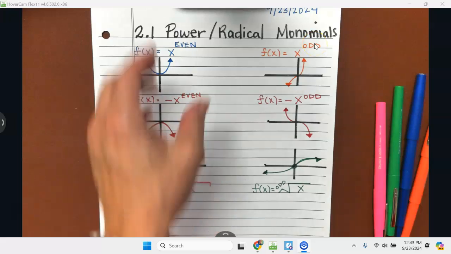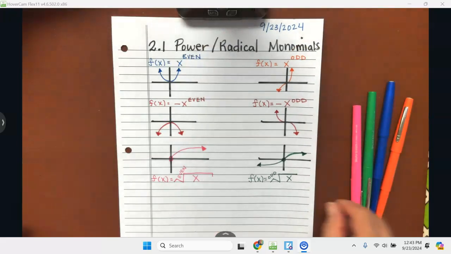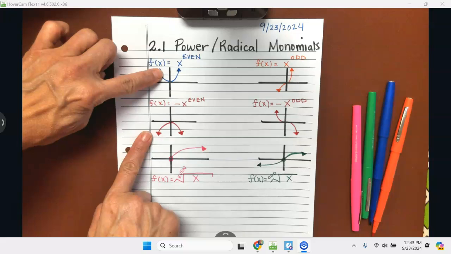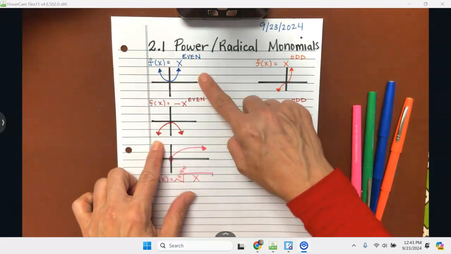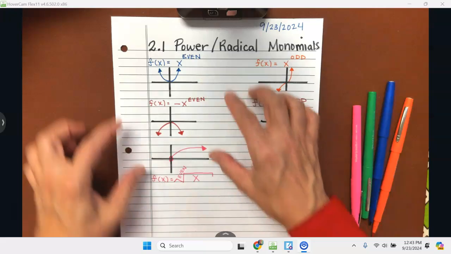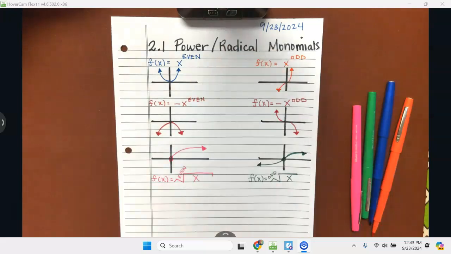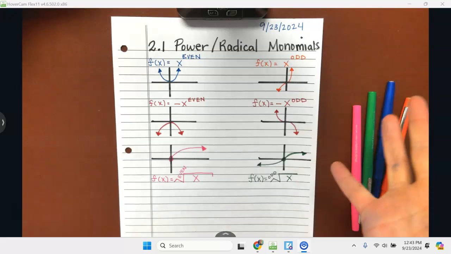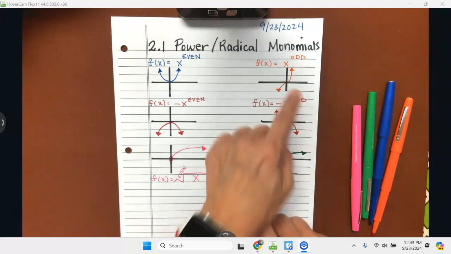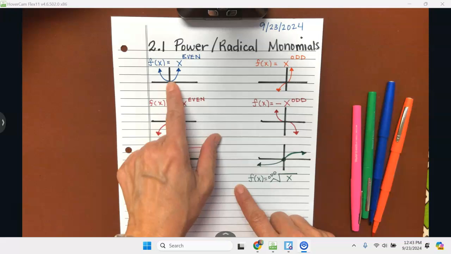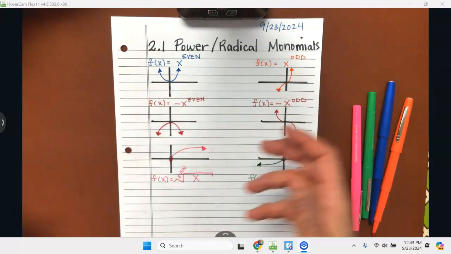Just going to make some summaries down here at the bottom. First of all, look at these two graphs. Anything with the even, what do you notice about them? Is there a general statement you can make about graphs with even powers? They're parabolas. Good. And why do they look different?